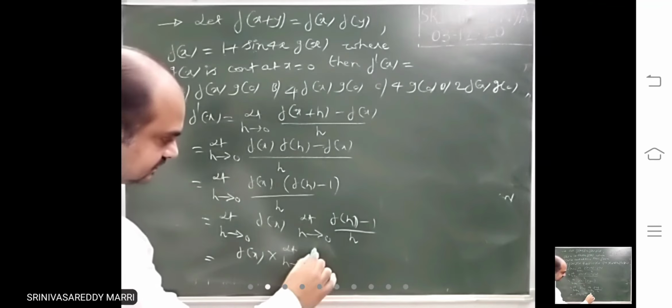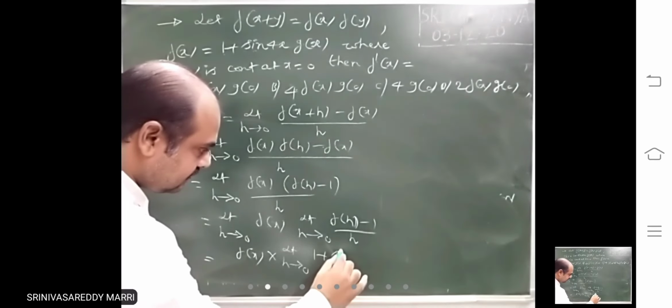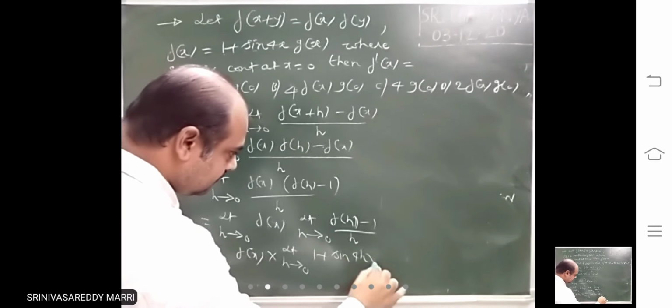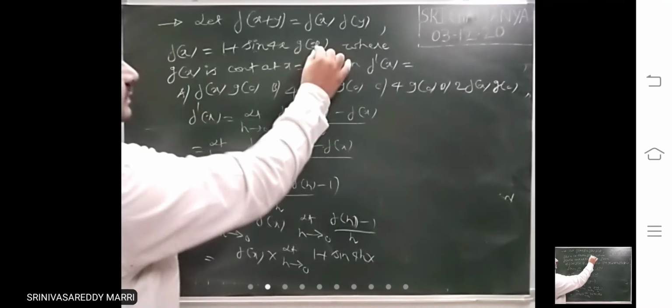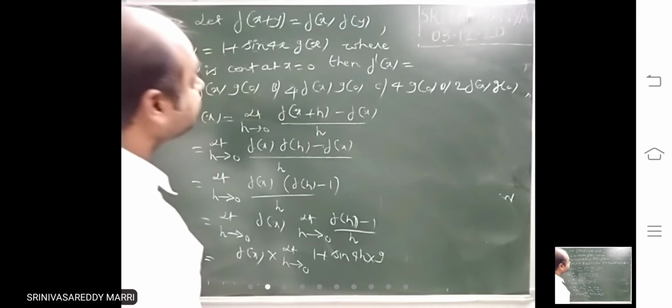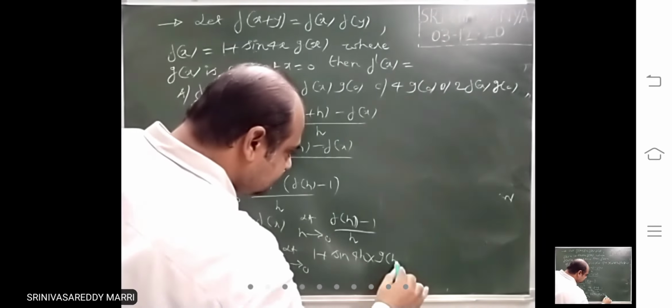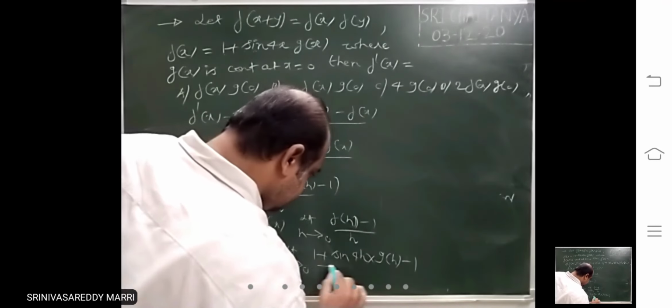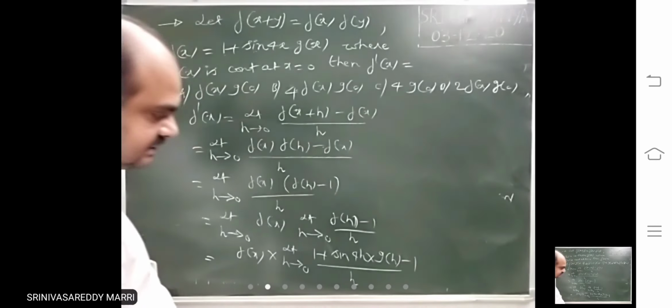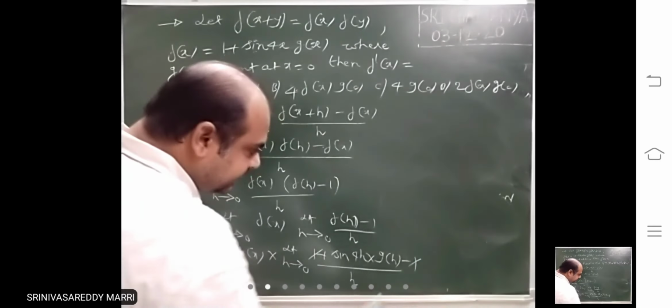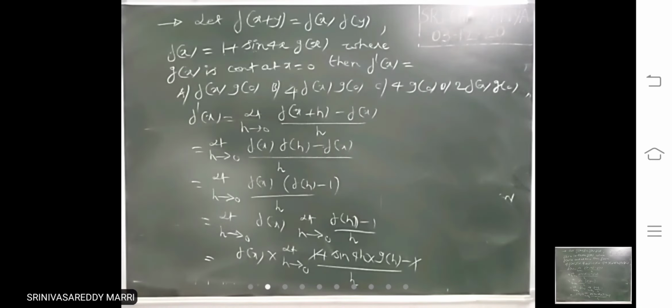1 plus sine 4h into g of h. So this 1 cancels.